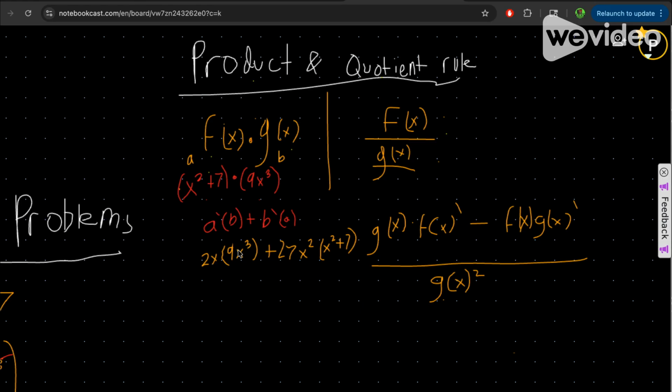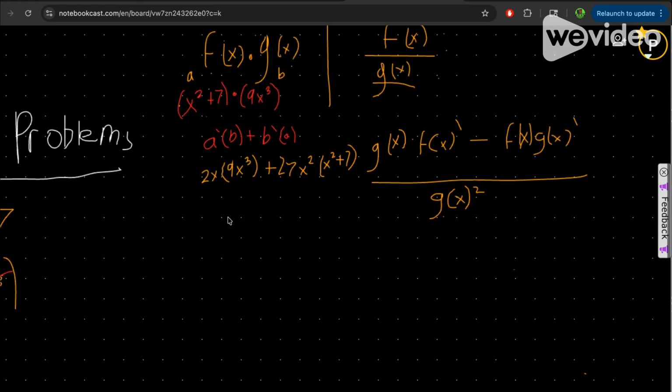So 2x times 9x cubed equals 18x to the 4th, plus 27x squared times x squared equals 27x to the 4th.